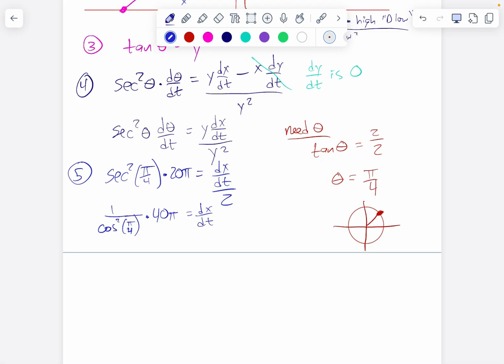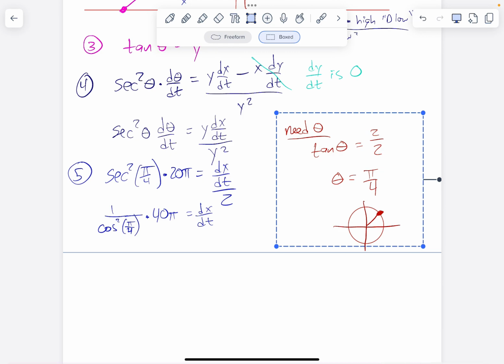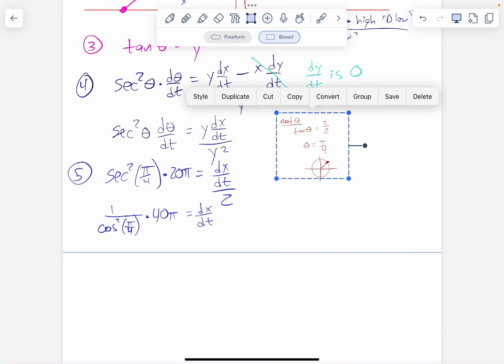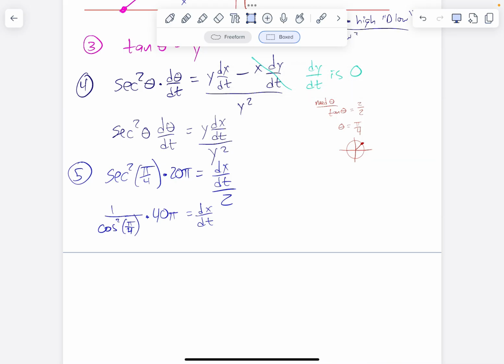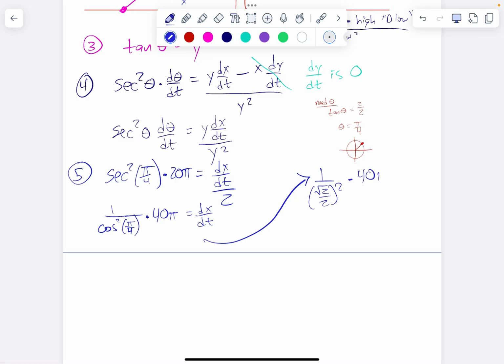Okay, now we need to figure out, hold on. What is cosine of pi over 4? Root 2 over 2. Okay, so this is 1 over root 2 over 2 squared times 40 pi.